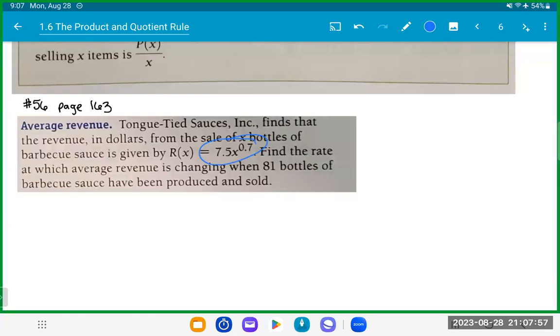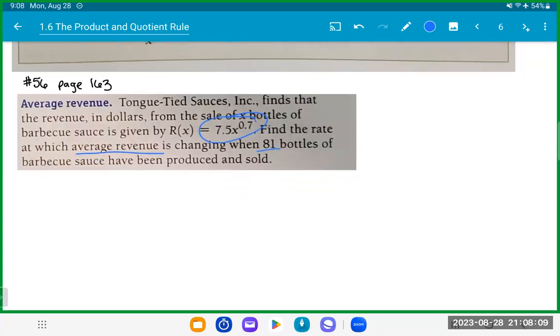We want to find the rate at which the average revenue will change when 81 bottles of barbecue sauce are produced. So they give us the revenue function, 7.5x to the 0.7, and they also gave us 81 bottles produced.